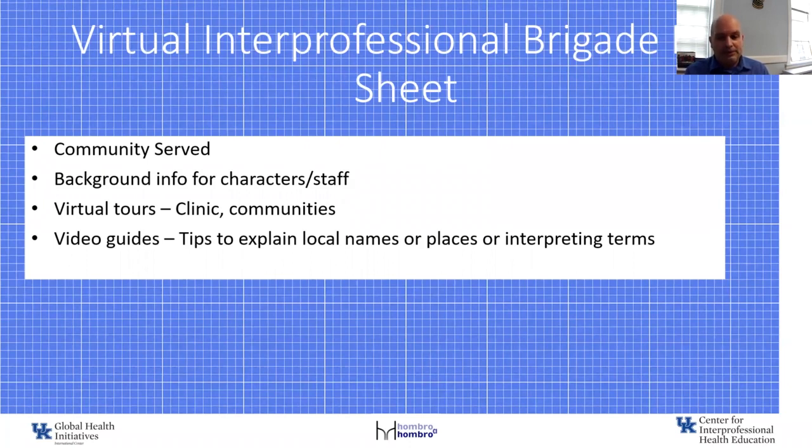In our example, participants received background on the community in Santo Domingo, Ecuador, names and roles of the different individuals in the virtual experience, and pre-watched virtual tours of places where they would be virtually present. We also had an individual active in the chat to type out acronyms used by speakers or briefly explain organizations or terms that may not have been understood by all in different professions and countries.